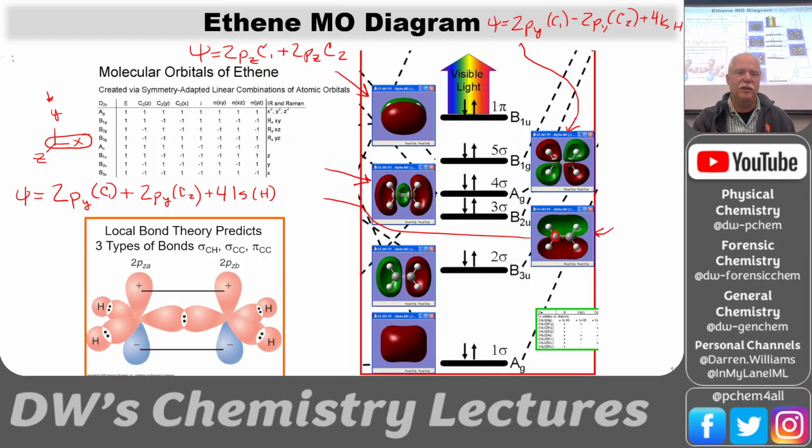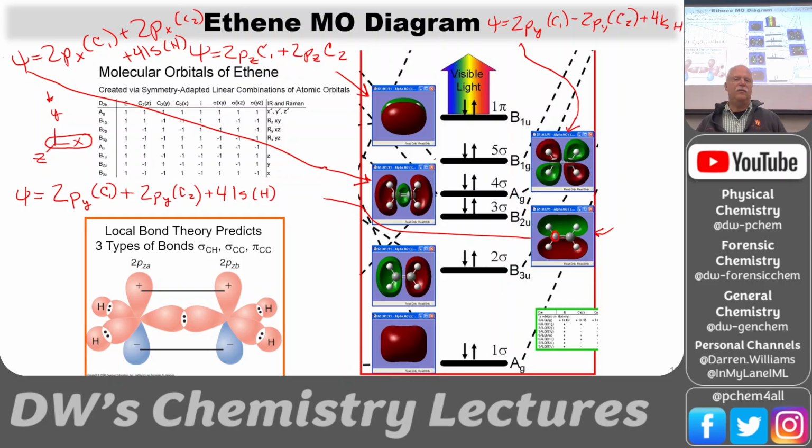So I would call that one psi equals 2px carbon 1 plus 2px carbon 2 plus 4 1s hydrogens. So that's this one right here. Okay. So if y'all can do that, that would be awesome.